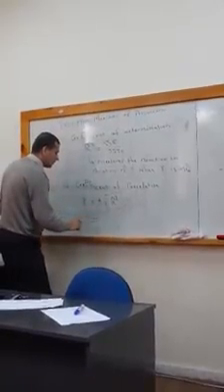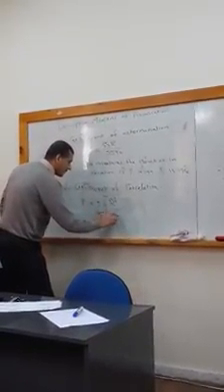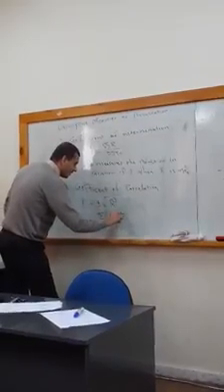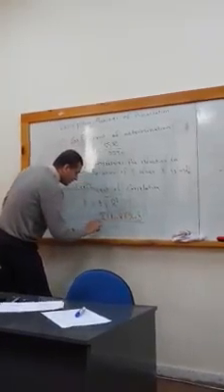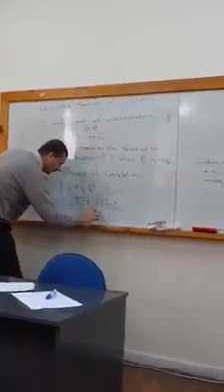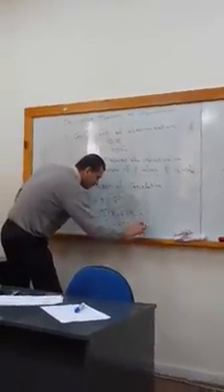Also, we write the formula for r in this way: the summation of xi minus x bar times yi minus y bar, over the square root of the summation of xi minus x bar squared times the summation of yi minus y bar squared.